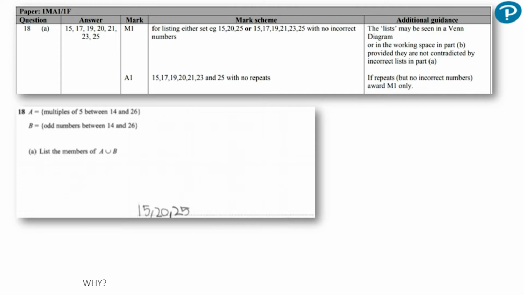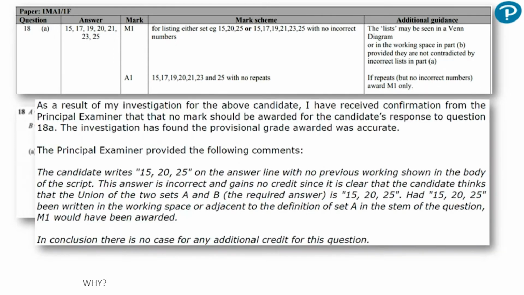It went to the next stage. And it came back, and we've had the permission from the student to share this, that because the student had written the 15, 20, 25 on the answer line, with no previous work in, the M1 could not be awarded.